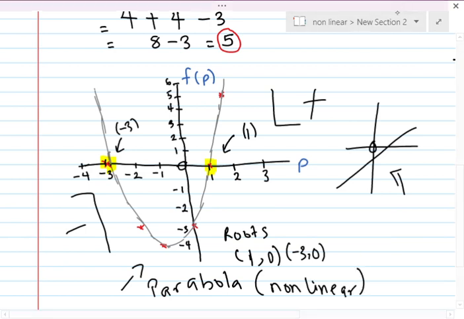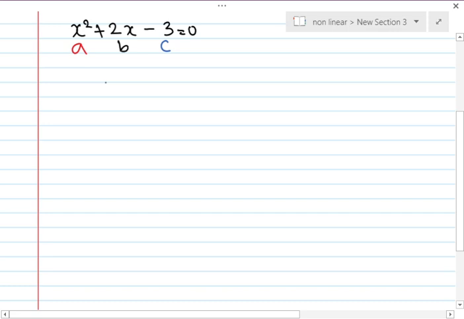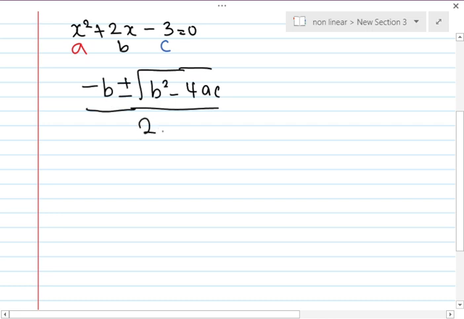Okay, then last but not least, the formula method. Most people tend to forget the formula. It's like this: minus b plus or minus the square root of b squared minus 4ac, all over 2a. Very good.